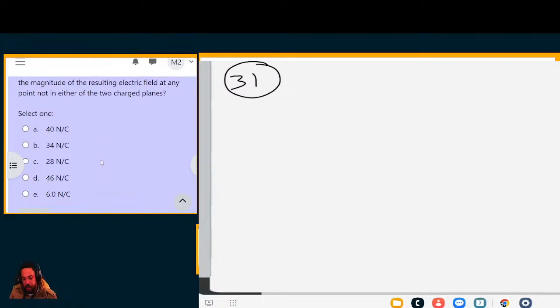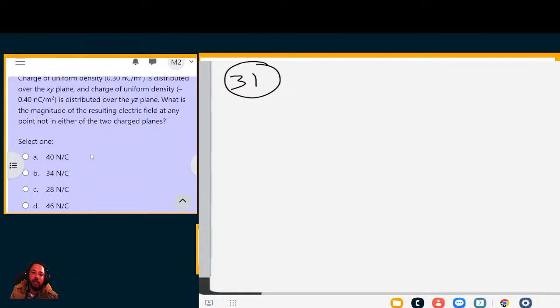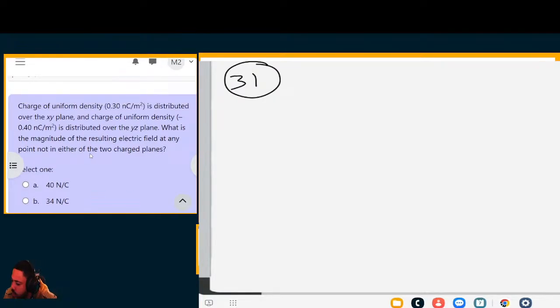So first of all, how do we calculate the electric field for a charged plane? Let's say this is a plane. It's basically a sheet, but it has a charge.